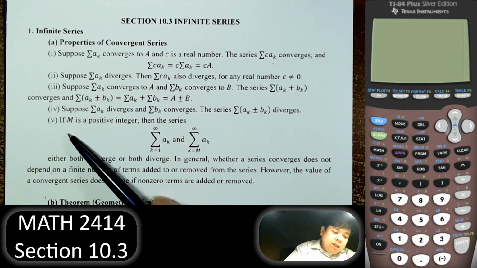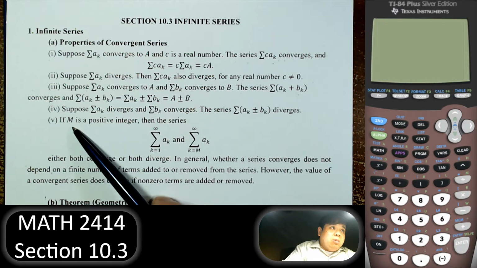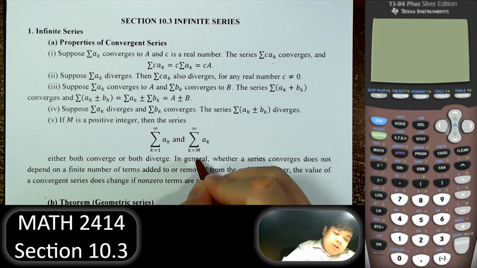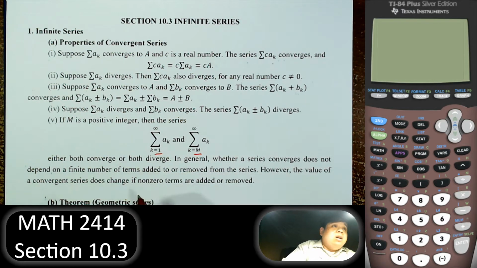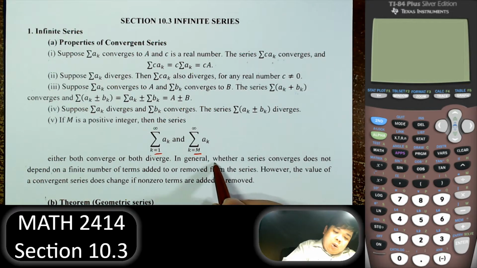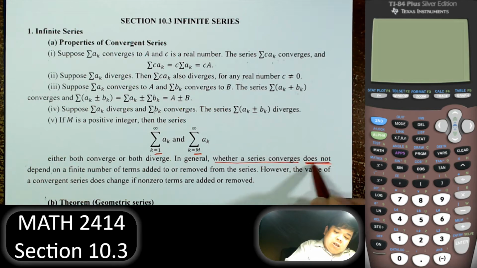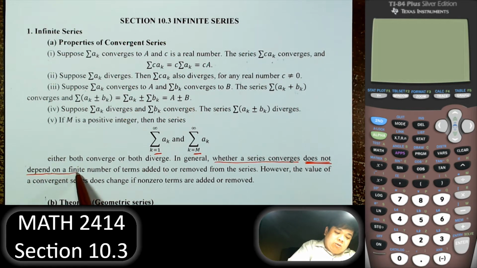Then it says that for positive integers, the series may start from m, may start from 1. It doesn't matter. They both converge or diverge, meaning whether a series converges does not depend on a finite number of terms added or removed from the series.